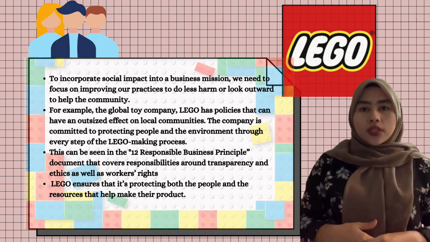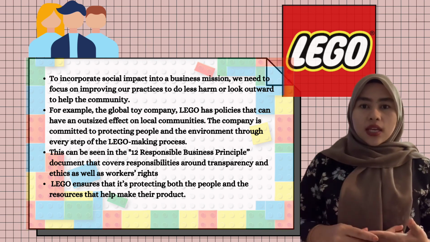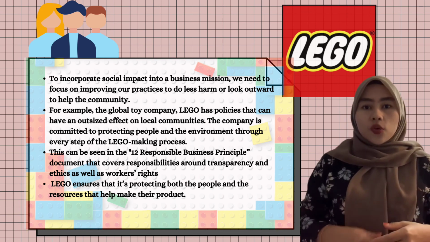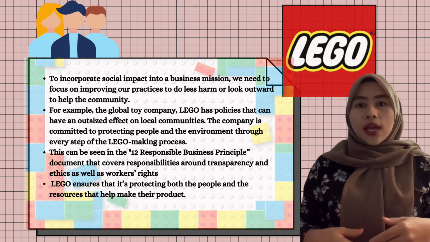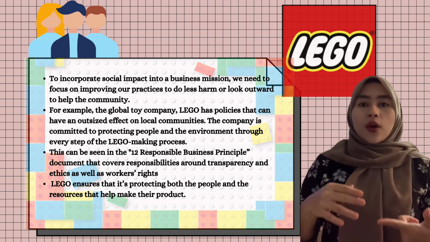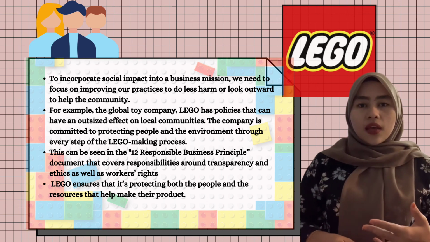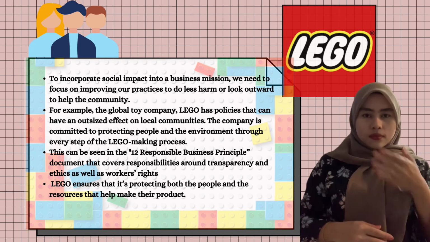Lego lays out expectations for all suppliers, production sites, and partners in its 12 Responsible Business Principle document. This document covers responsibilities around transparency and ethics, as well as workers' rights in terms of reasonable hours, fair wages, health and safety, child labour, family-friendly workplaces, and environmental impacts.